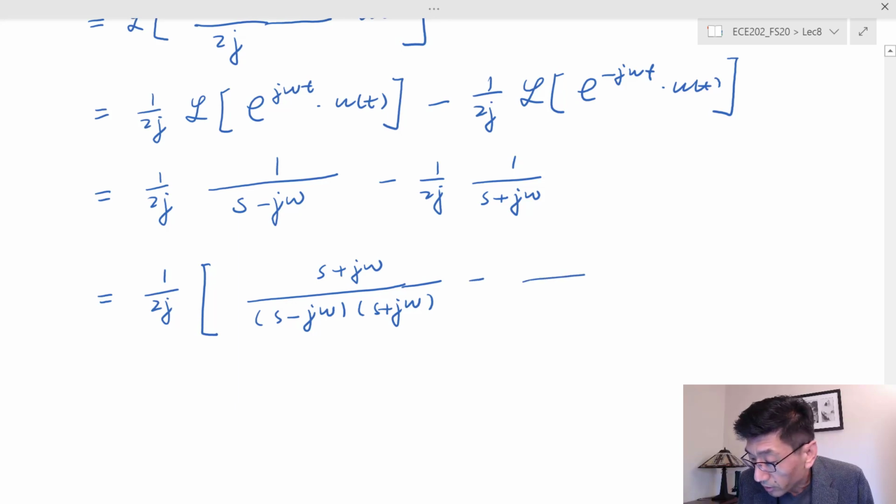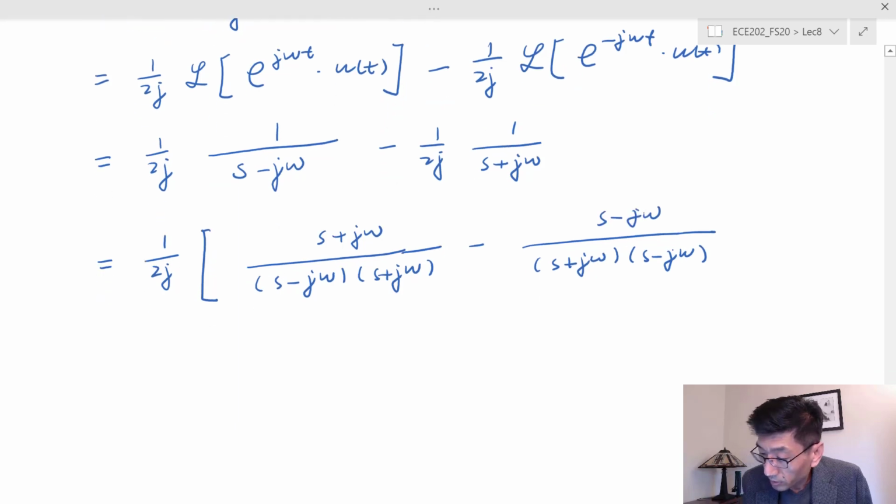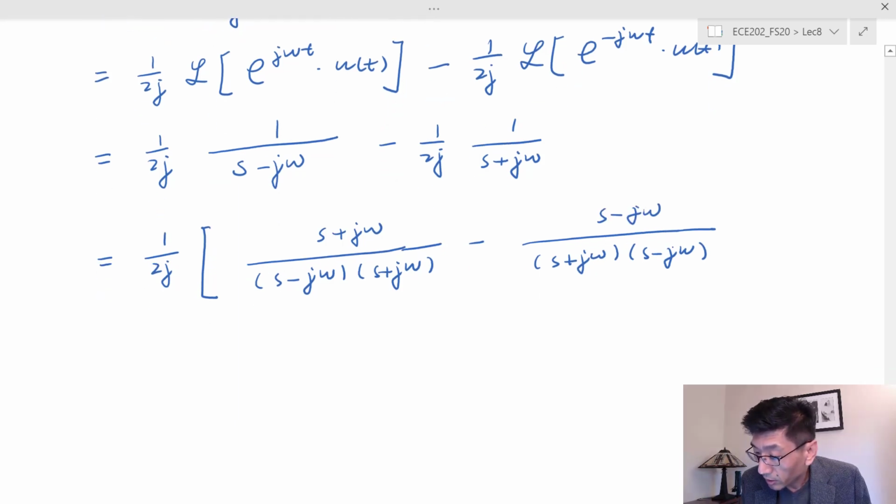For the second part, I have s plus j omega, and I multiply by s minus j omega. I do the same for the numerator, s minus j omega. Right. So in this case, you see this. So now I can add these two parts together.